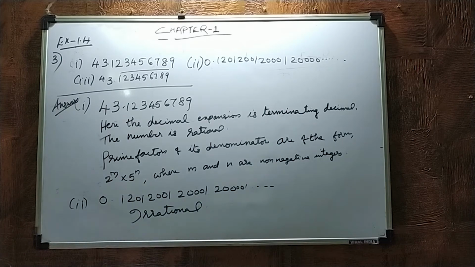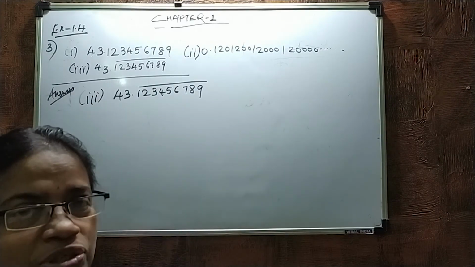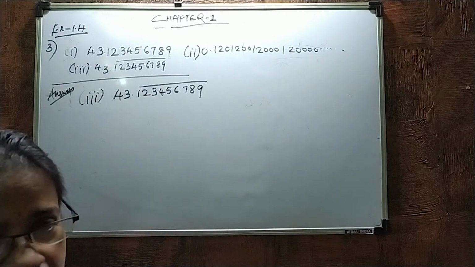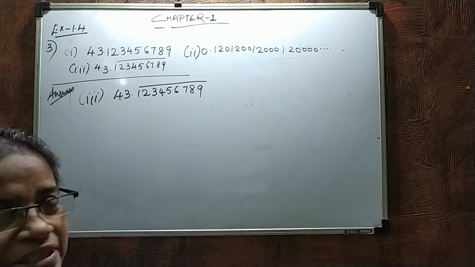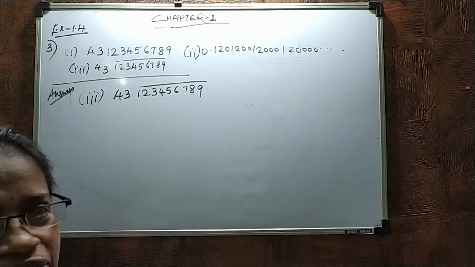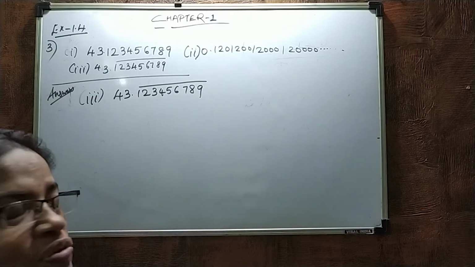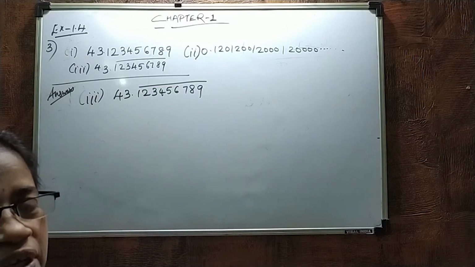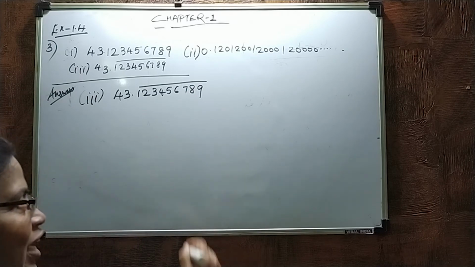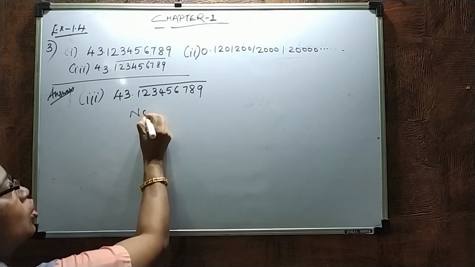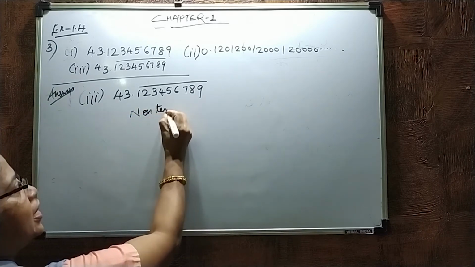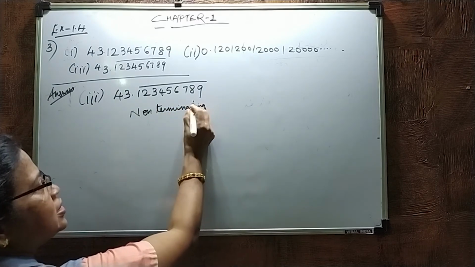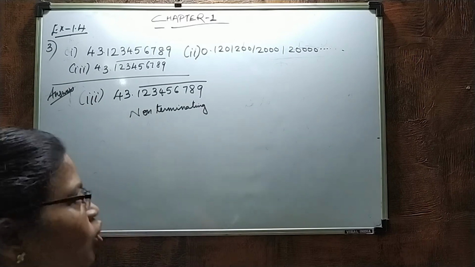Now we'll do the third problem then. This is the third question: 43.123456789 bar. That means bar comes means the same digits are repeating. It will repeat and it goes on. It will not terminate. That means this is non-terminating, and it is repeating.